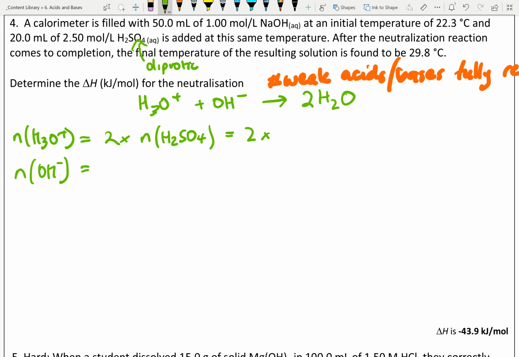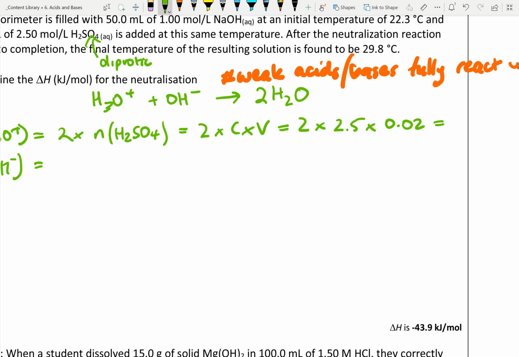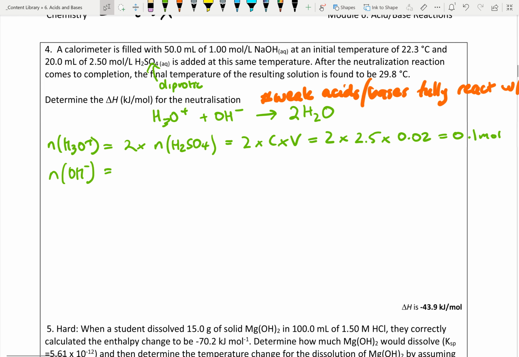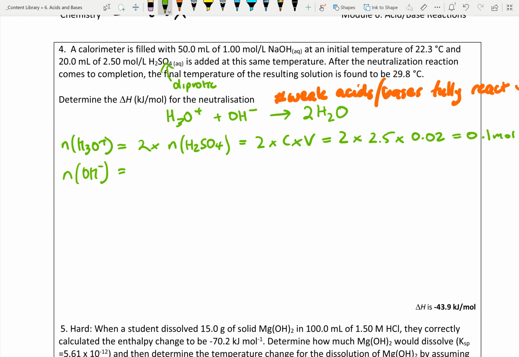And I go 2 times C times V, equals 2 times the concentration times 0.02, which is 5 times 0.02, which is 0.1 mole. And so I've got 1/10 of a mole. Moles of hydroxide equals my moles of sodium hydroxide, 1:1.